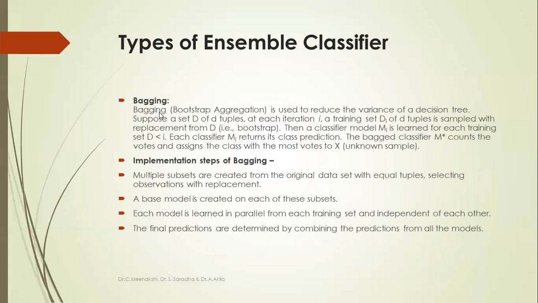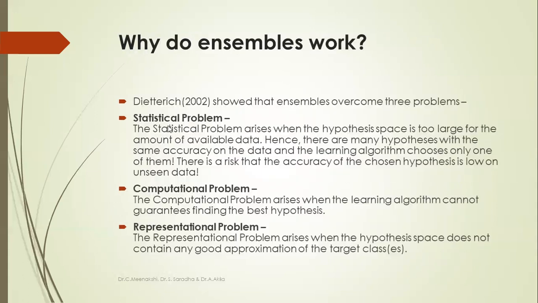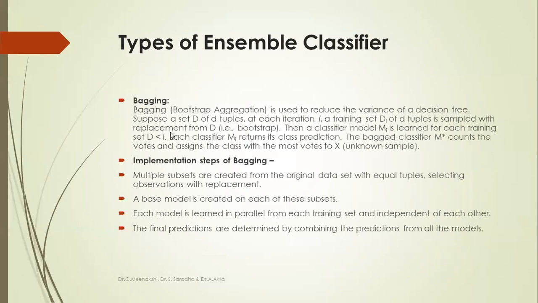There are 2 types of ensemble classification. One is called bagging, and the other is called random forest, which is an advancement of bagging. Bagging is bootstrap aggregation, which is used to reduce the variance of the decision tree. Suppose a set D of d tuples is taken; for each iteration, Di is sampled with replacement from D. Multiple subsets are created from the original data set with equal tuples, selecting observations with replacement.